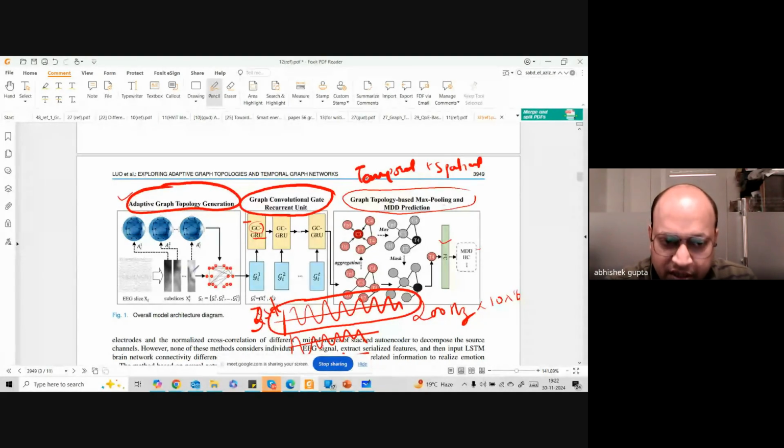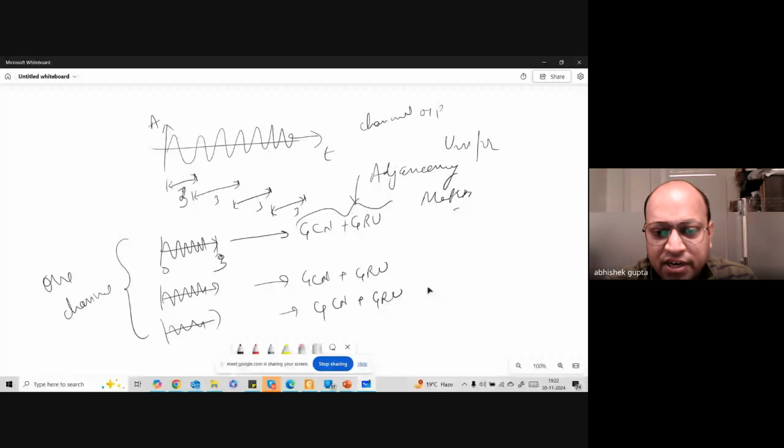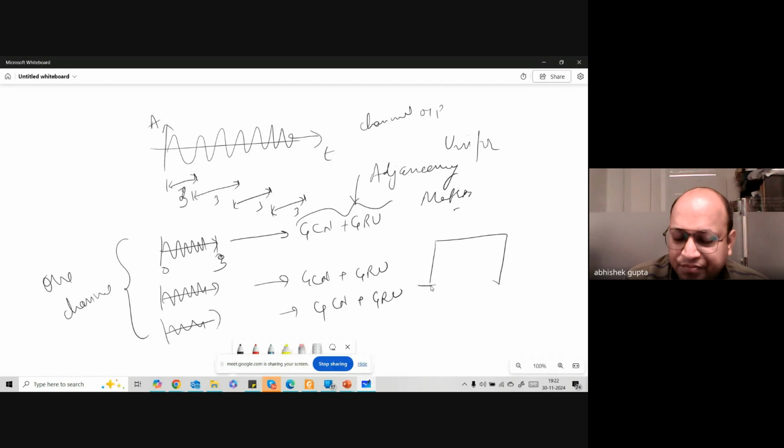With this sliced EEG signal, once you are having the adjacency matrix, why are we calculating it? Where does the word graph suddenly come into existence? The reason is that we need to create a graph.